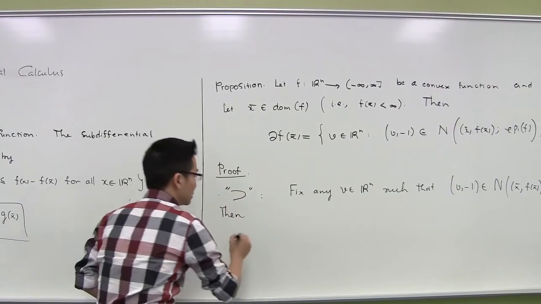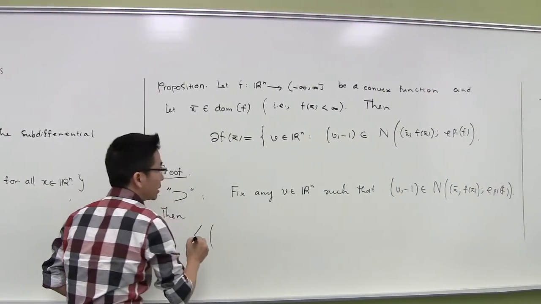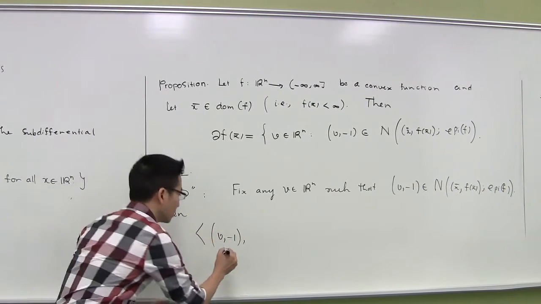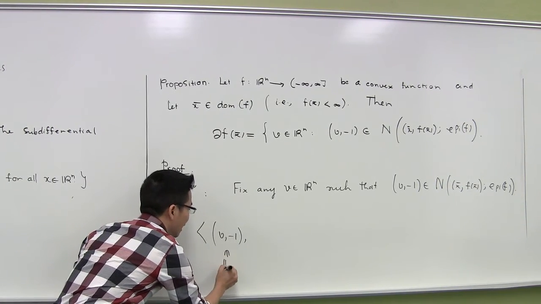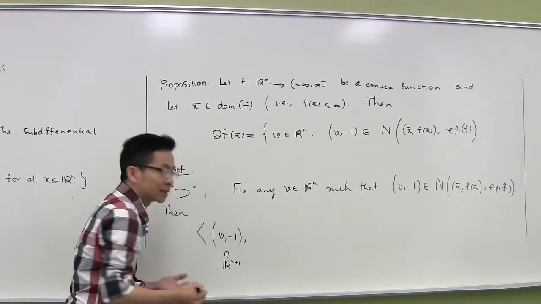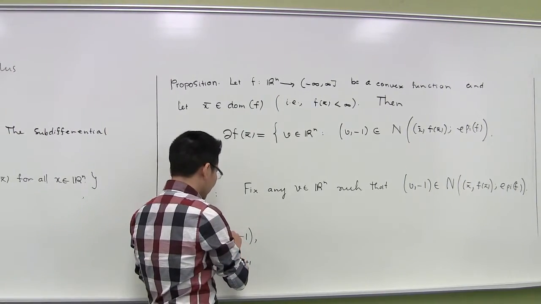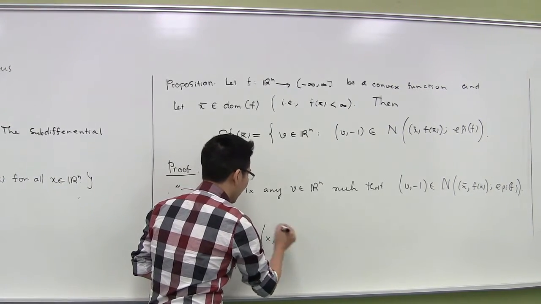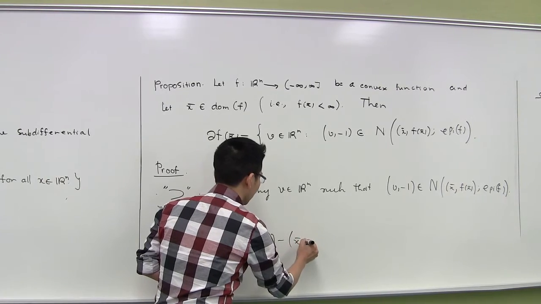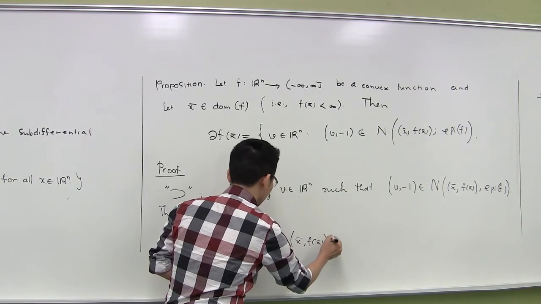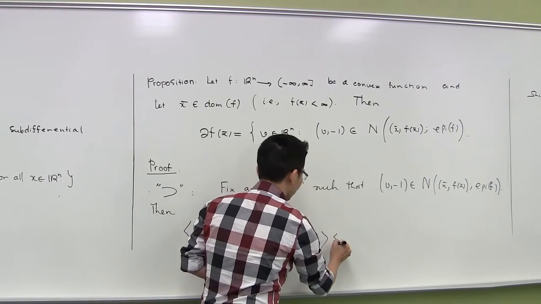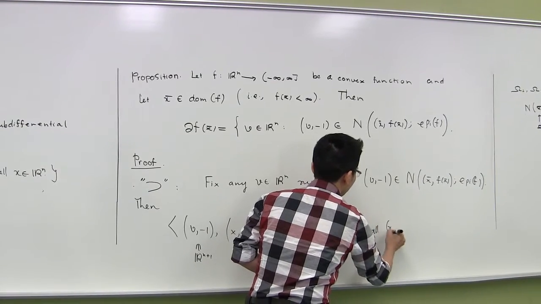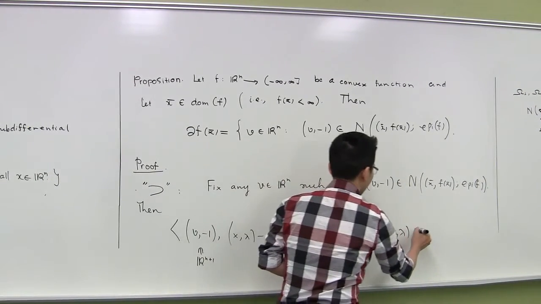By the definition, we have that the inner product of v, minus 1, note that v, minus 1 is a vector in Rn plus 1, Rn times R, and x, lambda minus x bar, f of x bar, this is always less than or equal to 0 for all x, lambda in the epigraph of the function.